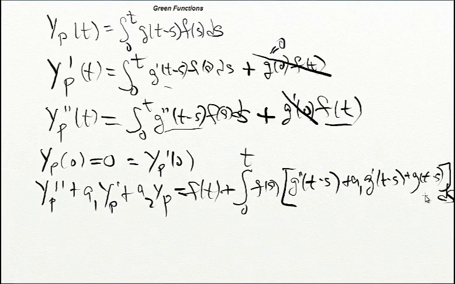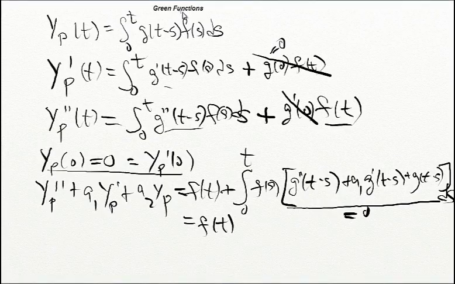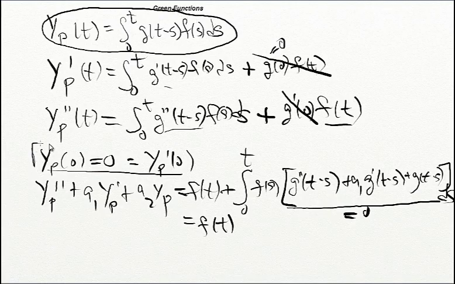And the fact is, of course, that the expression in the square brackets is 0. That's because g is a solution of the homogeneous equation. And so all that's left is f of t. And I've thereby proved that yp is, in fact, a particular solution of the inhomogeneous equation, the one which actually satisfies these initial conditions. So indeed, this function given by an integral is a solution of the inhomogeneous equation. In fact, the unique one satisfying these initial data.